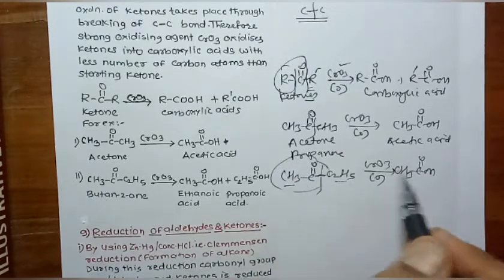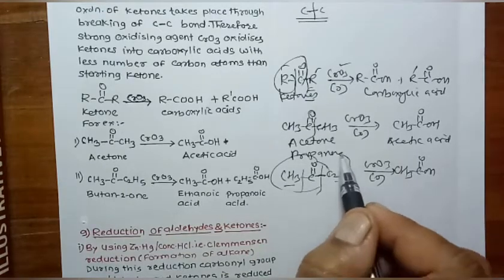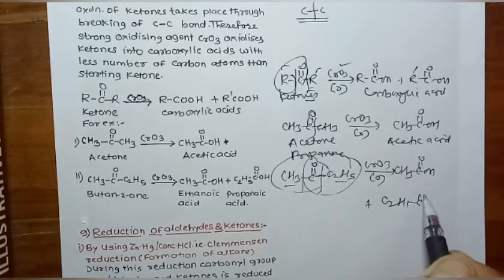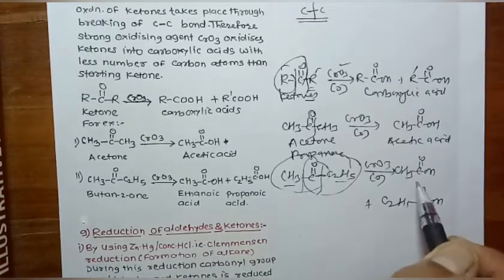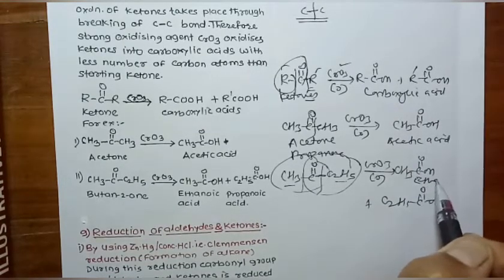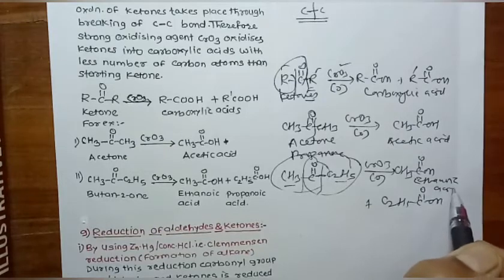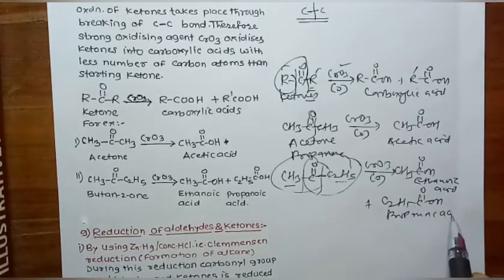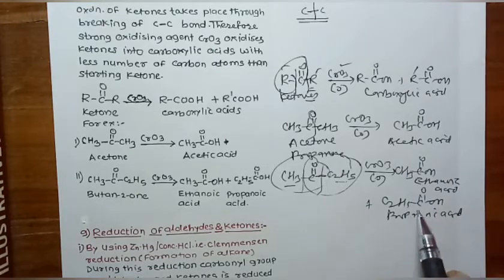Or, another possibility, the bond breaks on the other side and it gives C2H5 C double bond OH. One is acetic acid, or ethanoic acid, and another compound is propanoic acid. It gives a mixture of two different acids.